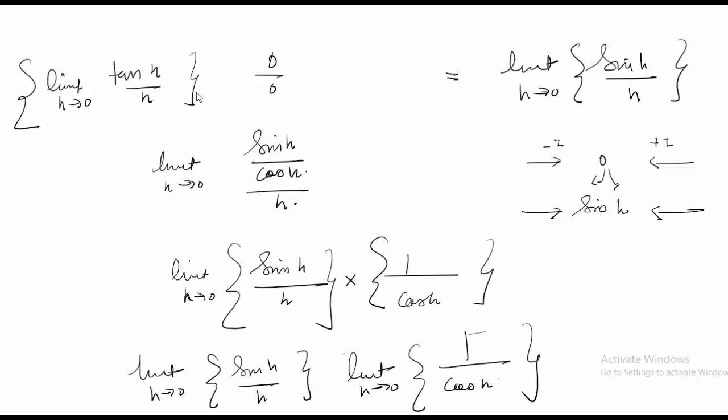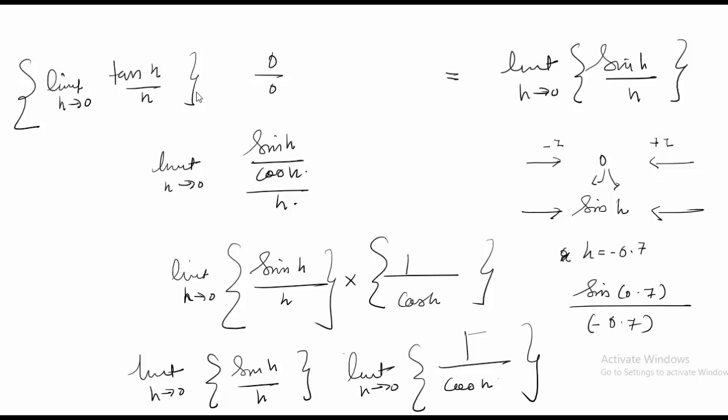Suppose you are taking a value of h equal to -0.7, so this will be equal to sine of -0.7 divided by -0.7.